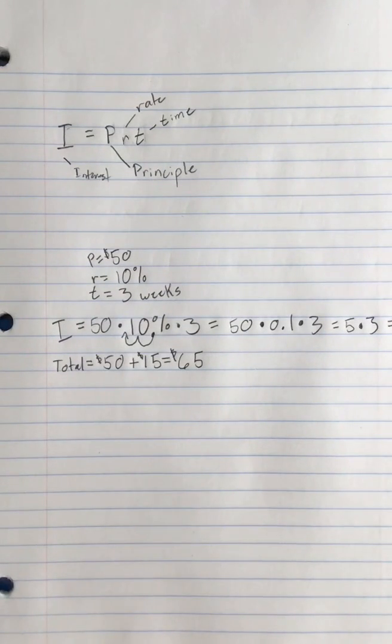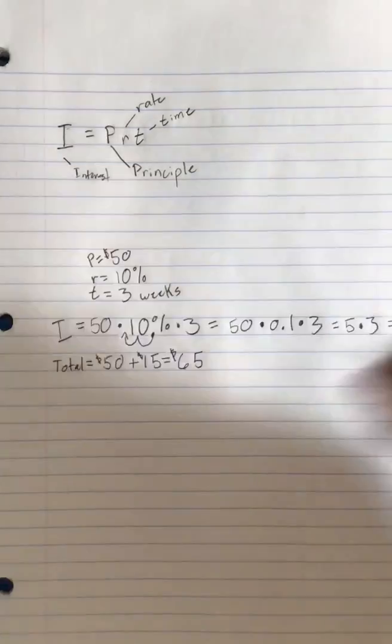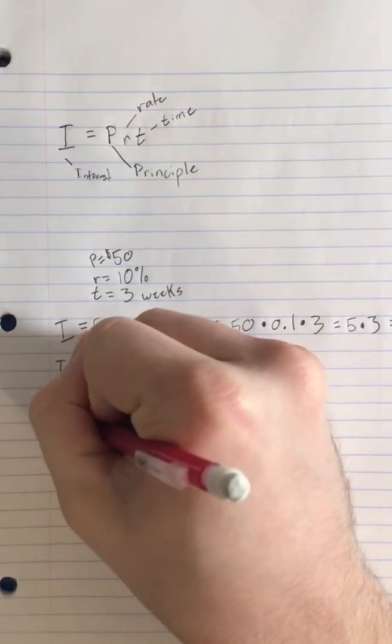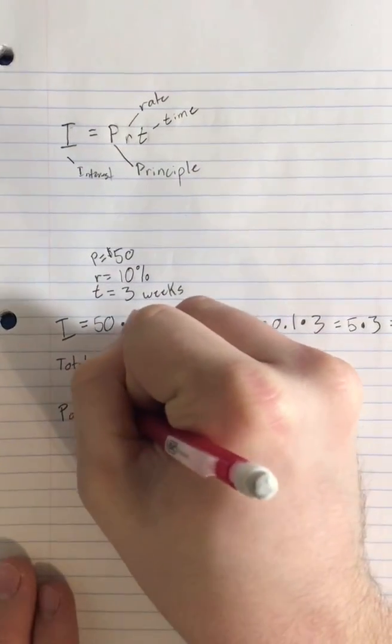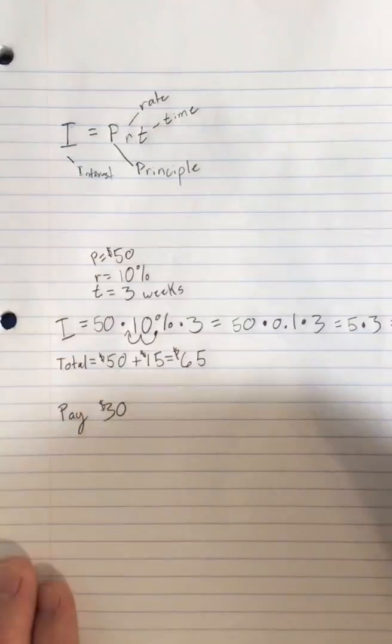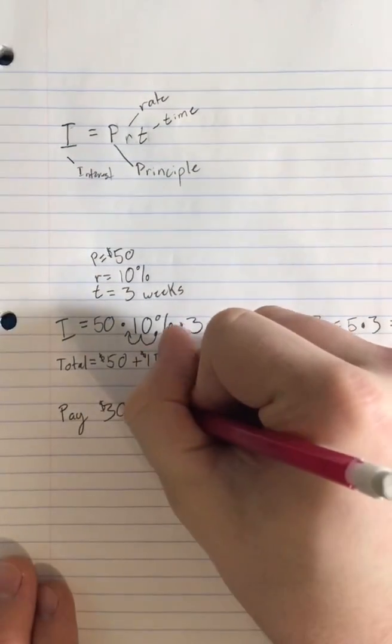Now what we want to look at is the second part of our problem where it says, I give you an option to pay me some money for a higher interest rate. So in this case, let's say that I give the option to pay $30 for triple the interest rate.